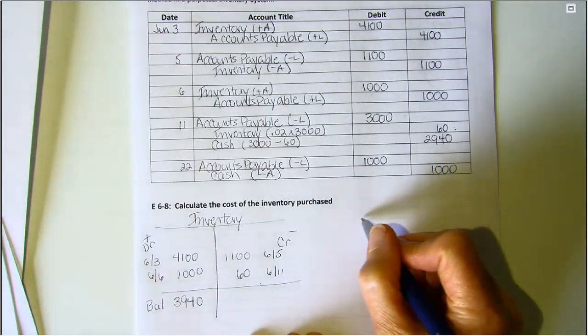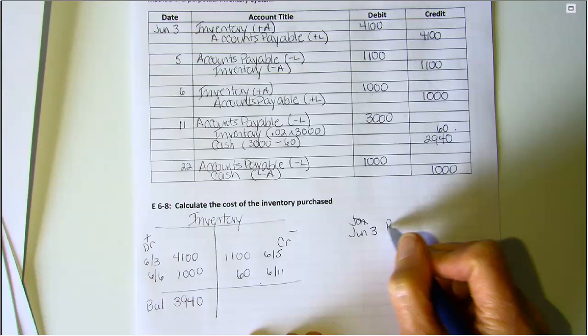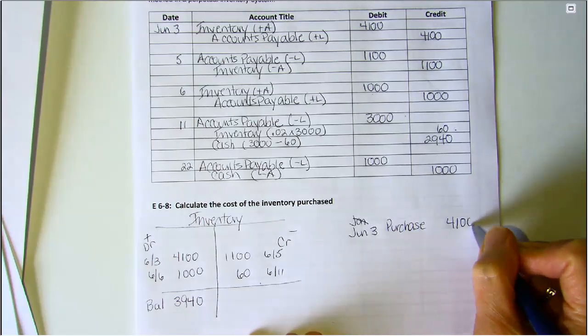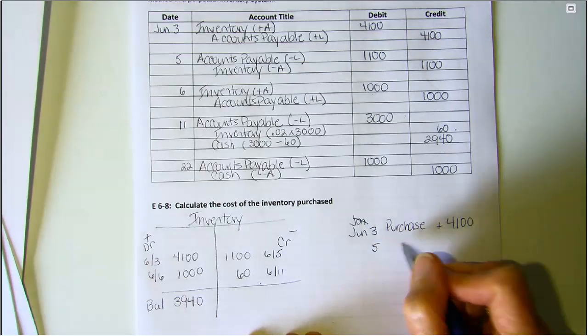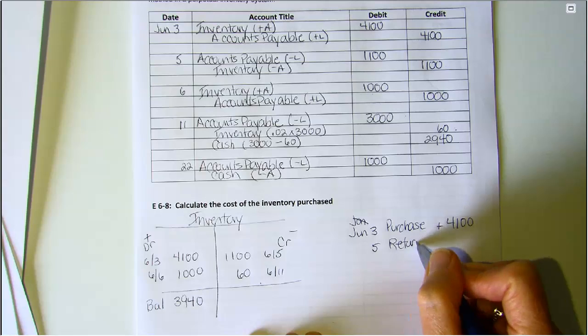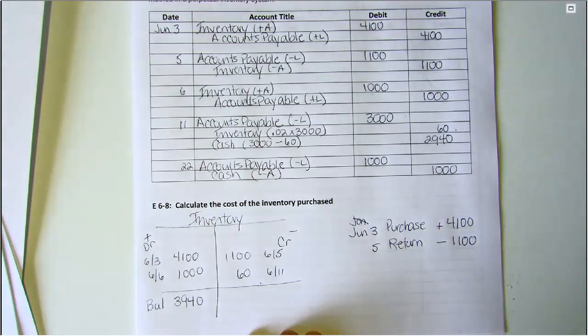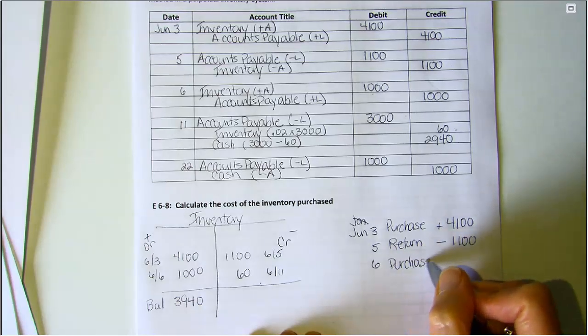You can also do this by just writing down, making a list of the transactions that involve inventory. For example, you could have written, I'm sorry, that's not January, it's June. June 3rd, there was a purchase of 4,100 that would have added to the inventory account. And then on June 5th, there was a return that would have subtracted from the inventory account. Then on the 6th, we had another purchase, which would have added to inventory.